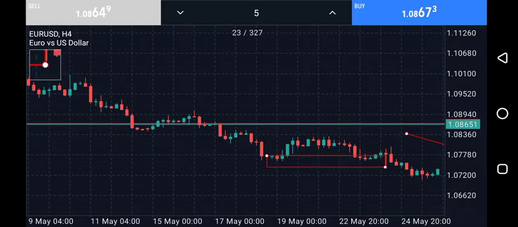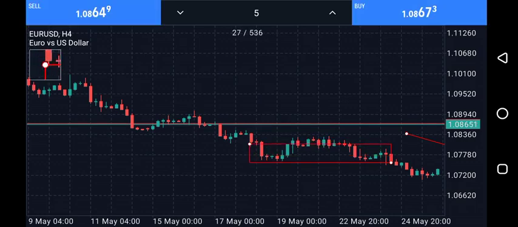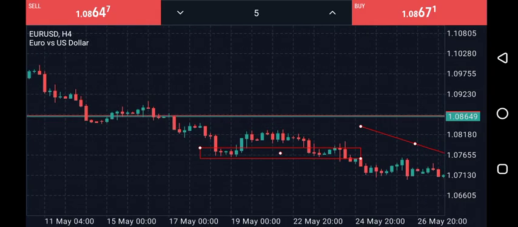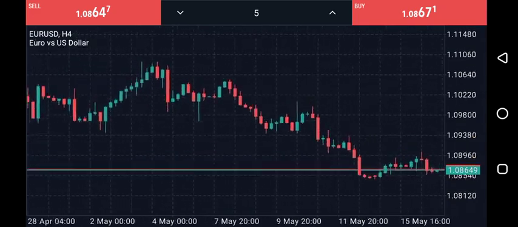Sorry, the red candle over there did not break structure, so you cannot call it a valid order block. And you can see when market got there, it didn't do much. It just bought for a while, but it later broke off. So those are not valid order blocks as far as they did not break structure.